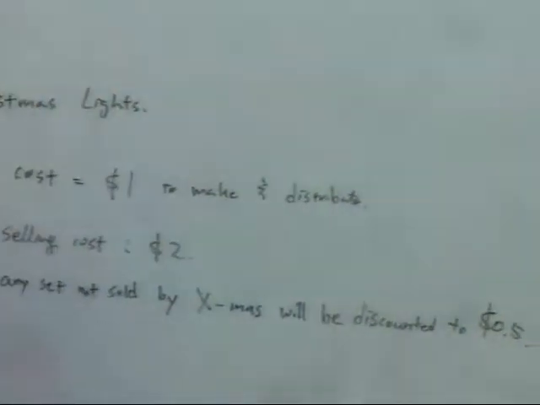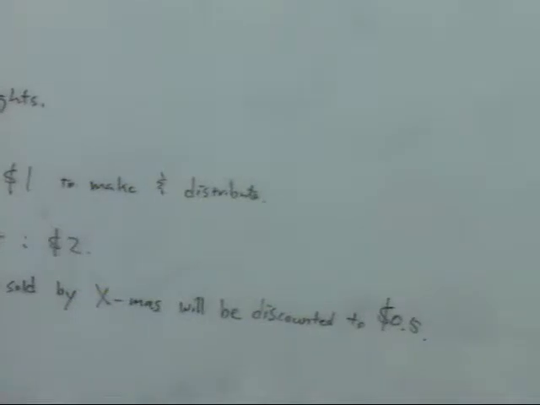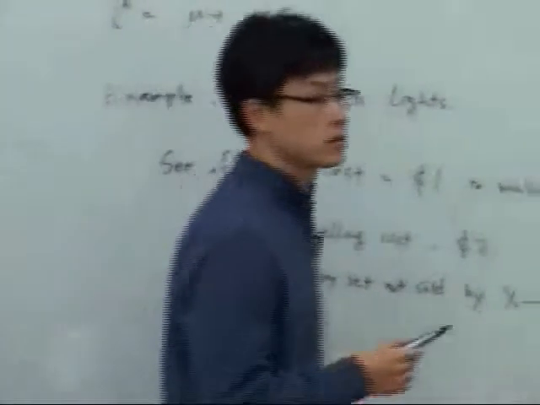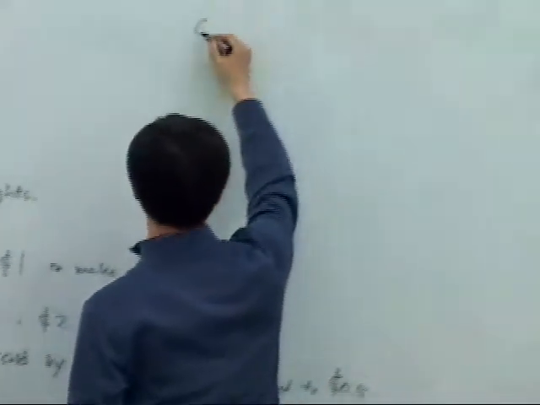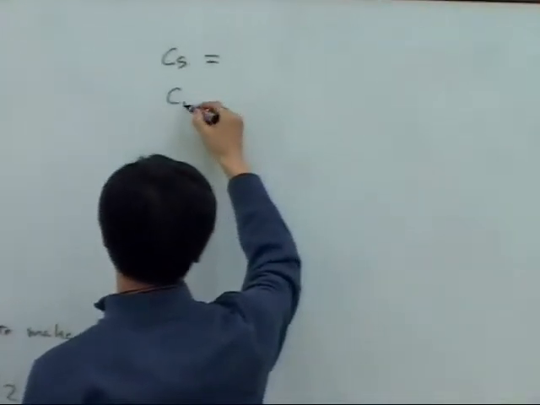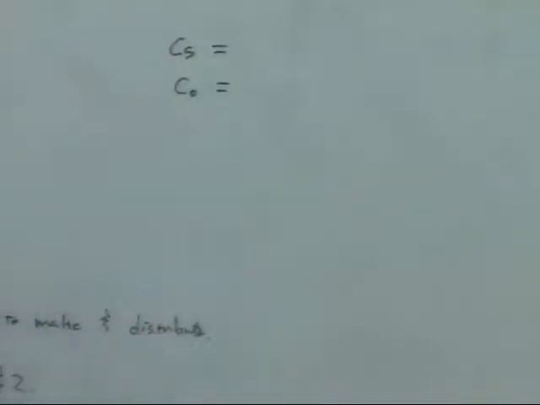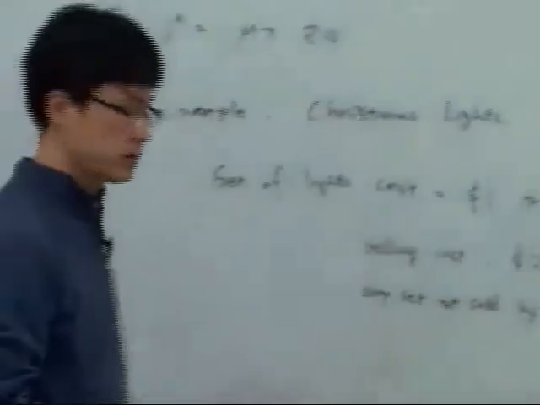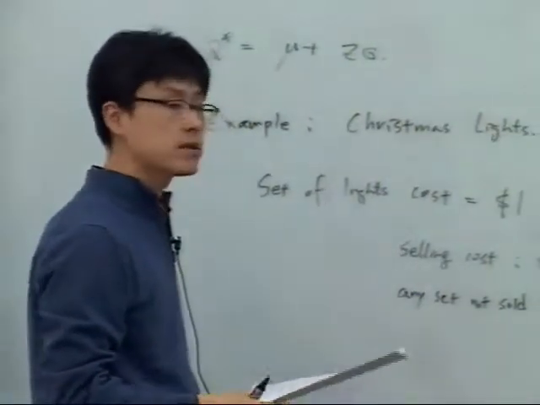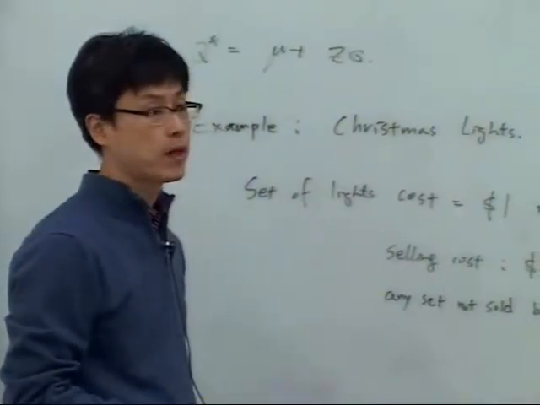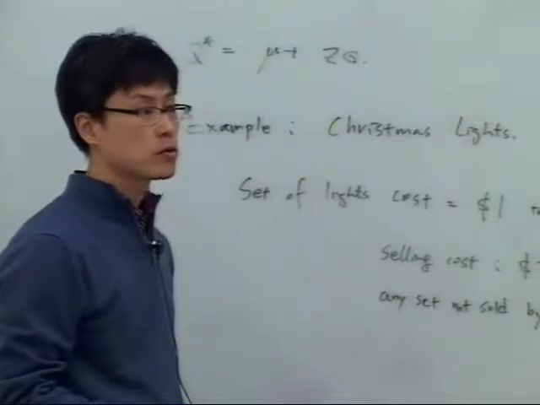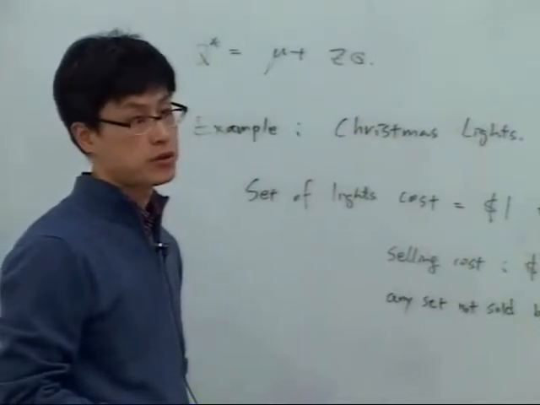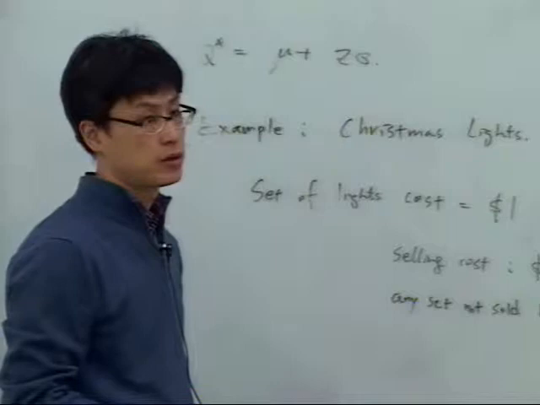Okay. Based on this information, let's deduce the CO and CS. Anyone? What is CO? It's the cost of overage.